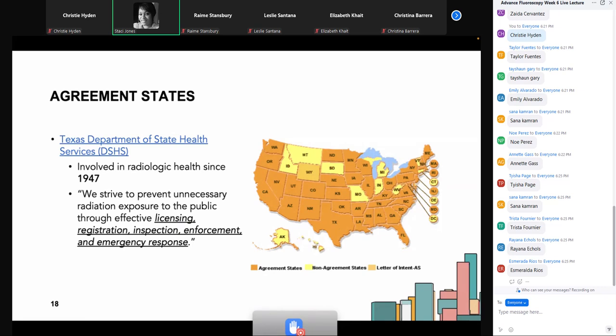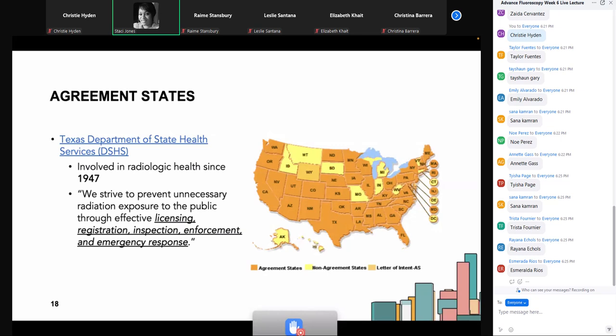It has the Texas Department of State Health Services, DSHS. It's been involved in radiologic health sciences since 1947. And what they do is strive to prevent unnecessary radiation exposure to the public through effective licensing, registration, inspection, enforcement, and emergency response. So that's basically an extra layer of protection for you guys.